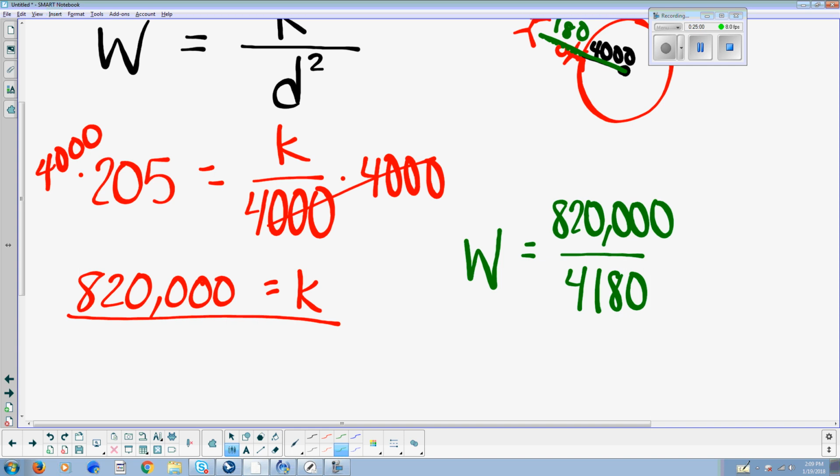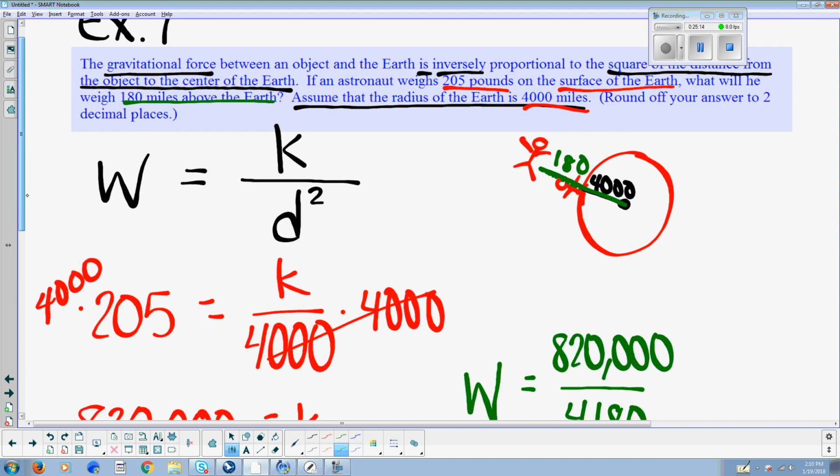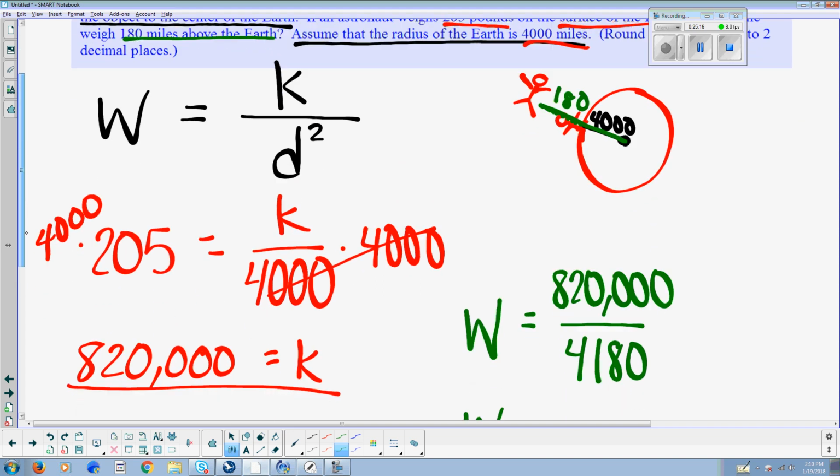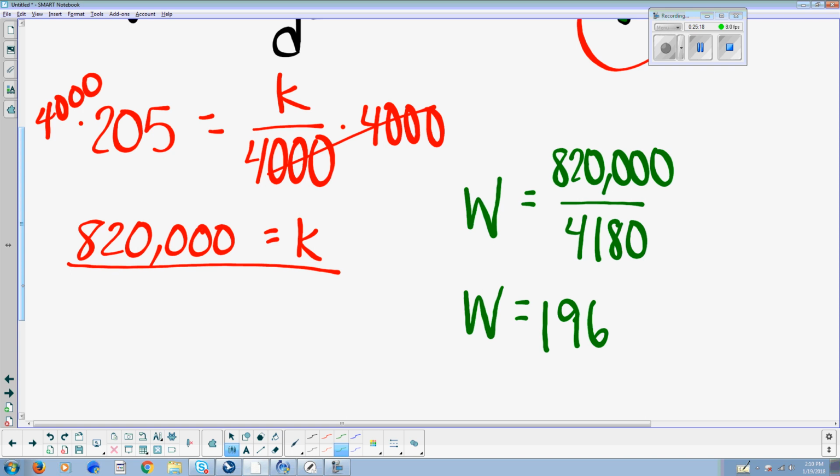So we can then calculate this astronaut's weight if he is 180 miles into space. So it would be 196, and what does it say about rounding? Round to 2 decimal places, 196.17.